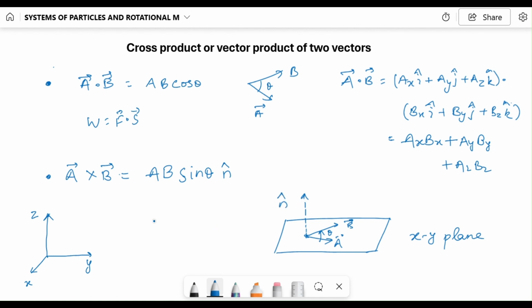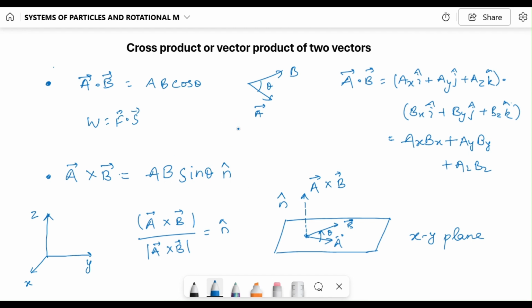Another way you can write it: A cross B, the cross product of vector A and vector B, divided by the magnitude of this vector, is the unit vector n cap. So the direction in which A cross B lies is perpendicular to the plane in which these two vectors are lying.